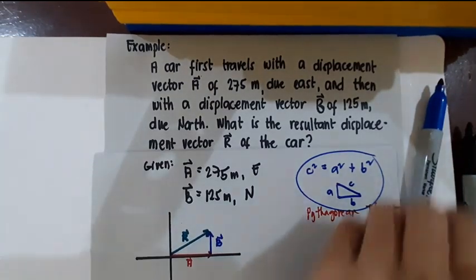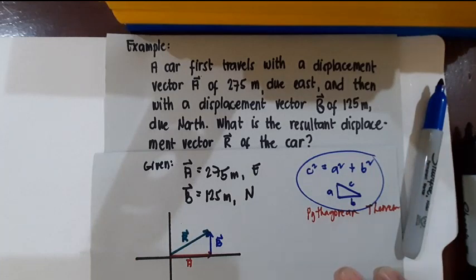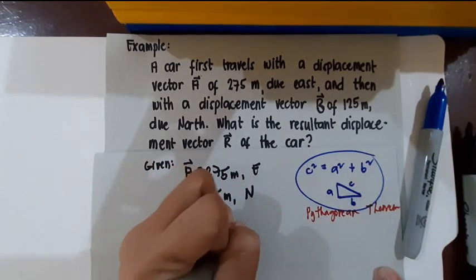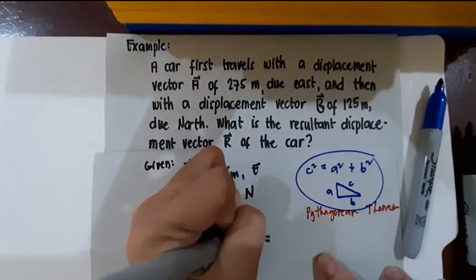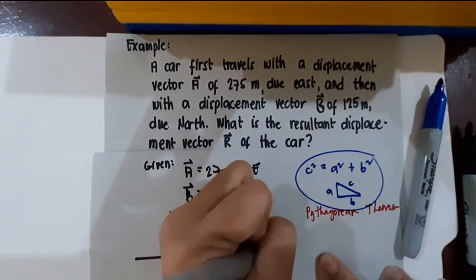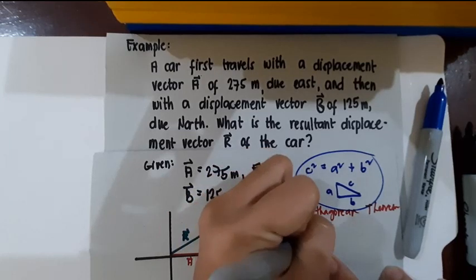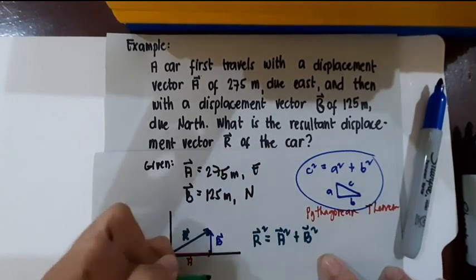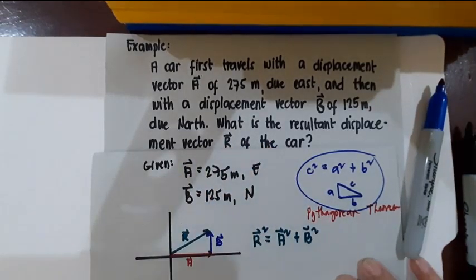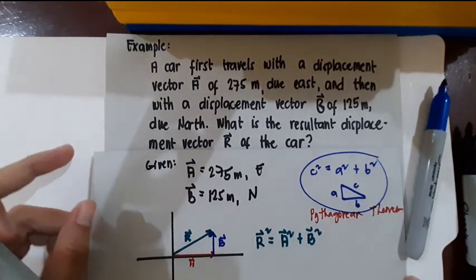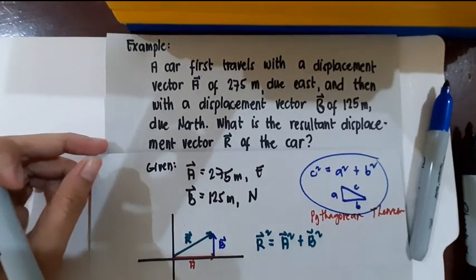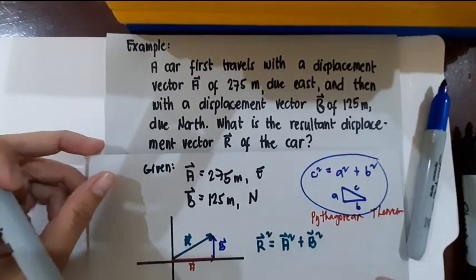Now we can solve your R. R squared is A squared plus B squared. We will just use the magnitude first. Later on, for the direction, I'll show you how to solve for that.